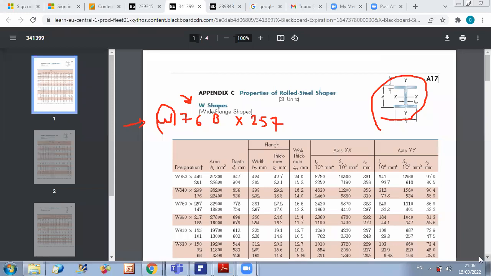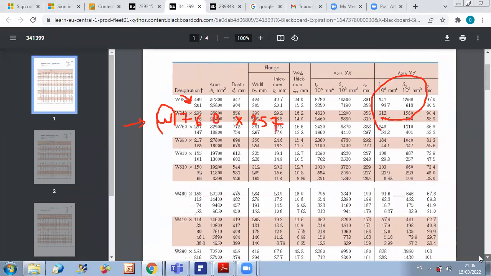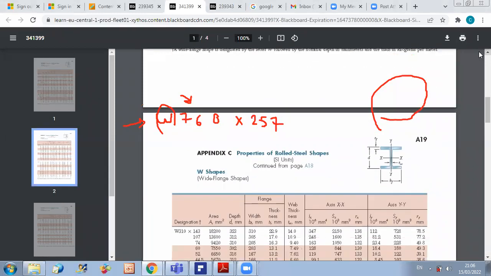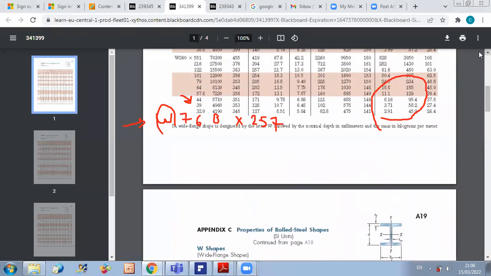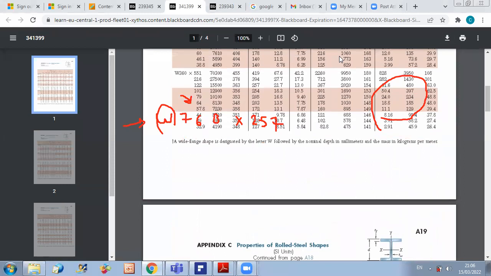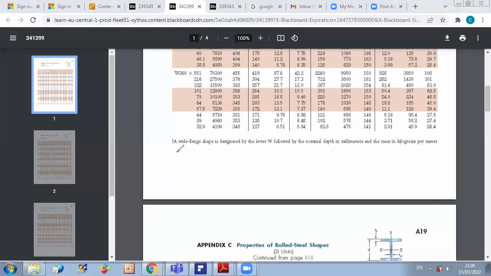Now, you have the other numbers. So here, if you go to the bottom of your table, they tell you what is the significance of this name. So W refers to wide flange shape. And the first number will give you the nominal depth in millimeters, and the second number will give you the mass in kilograms per meter.